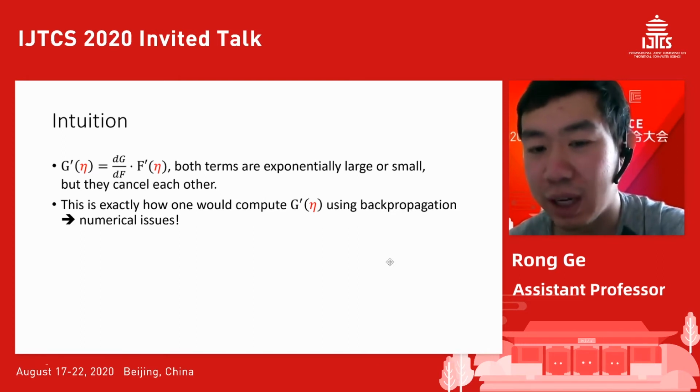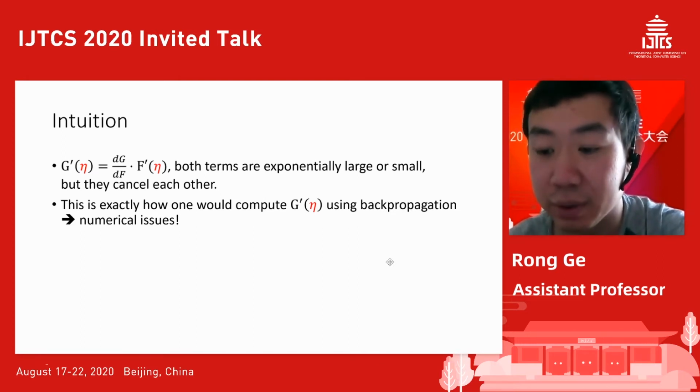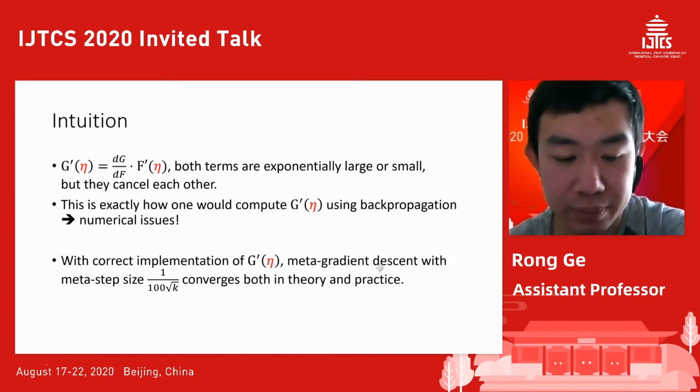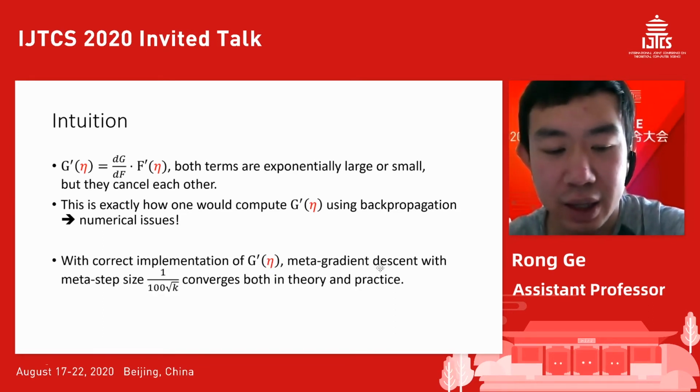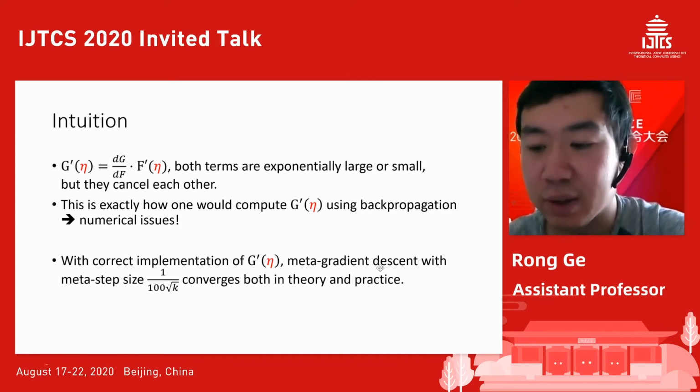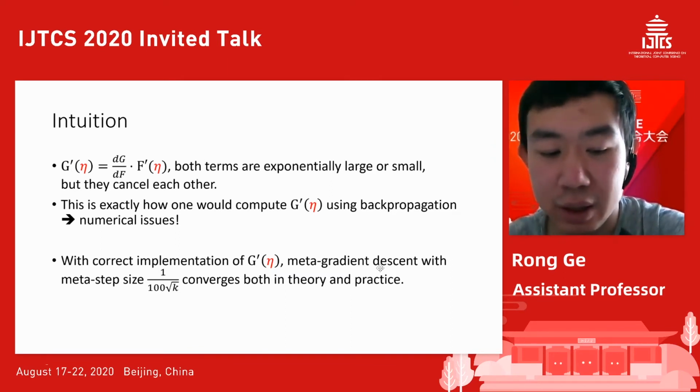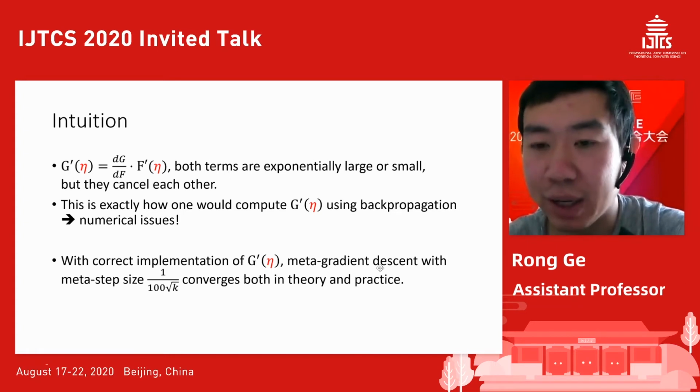And it's well known that when you do that, you run into numerical issues. But we can solve that by writing a closed form formula for the meta gradient and implementing that directly.